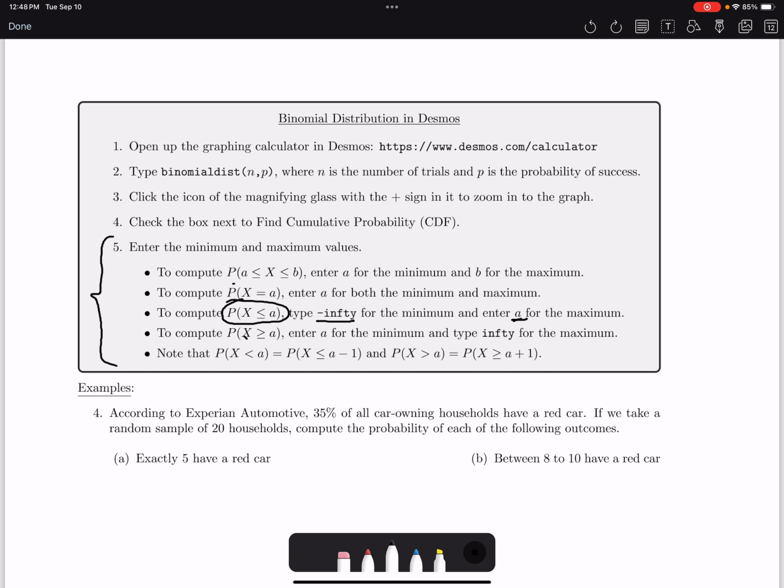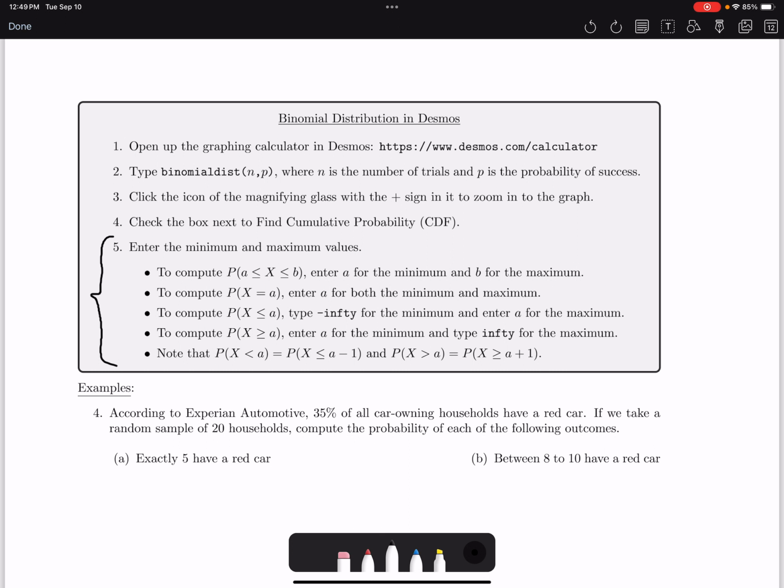But that'll indicate that there's no lower bound. Okay. For the probability x is greater than or equal to A, you'll enter A for the minimum because A is your minimum value now, but you have no maximum, you have no upper bound, so you'll type in positive infty, right? Or just infty, and that'll turn into an infinity sign there.